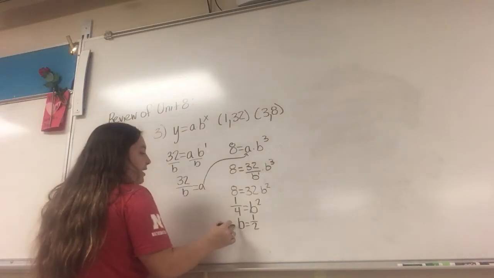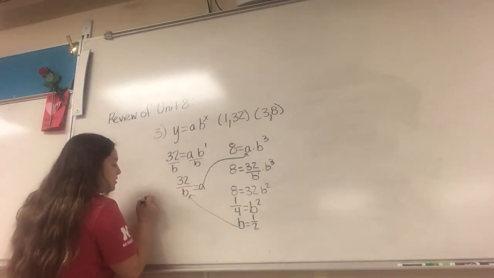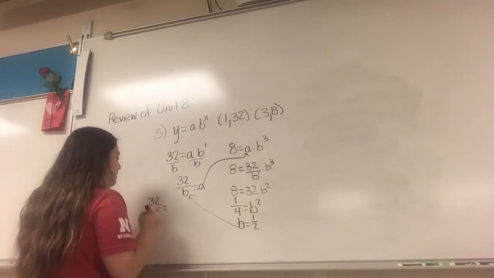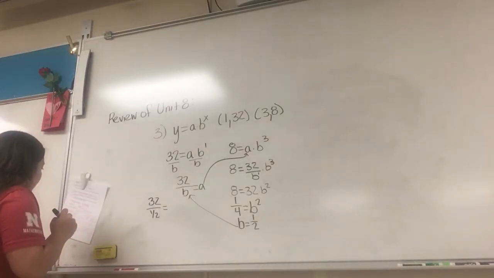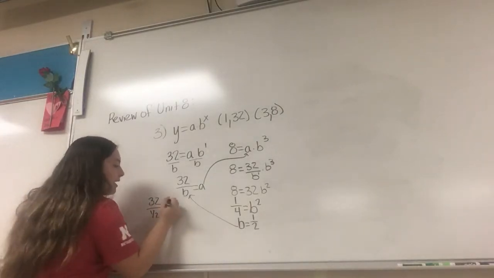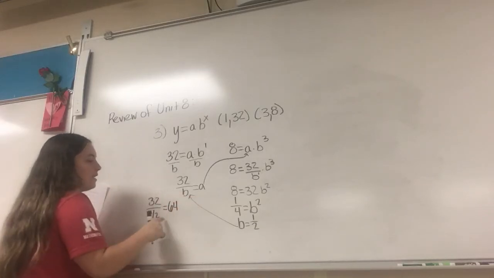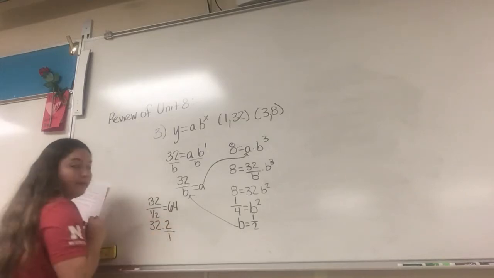Now we have B. We can plug back into our equation for A, which is 32 divided by 1/2, which means we are taking 32 times 2, and we're gonna get A to be 64. Because again, this is the same thing as saying 32 times 2 over 1.